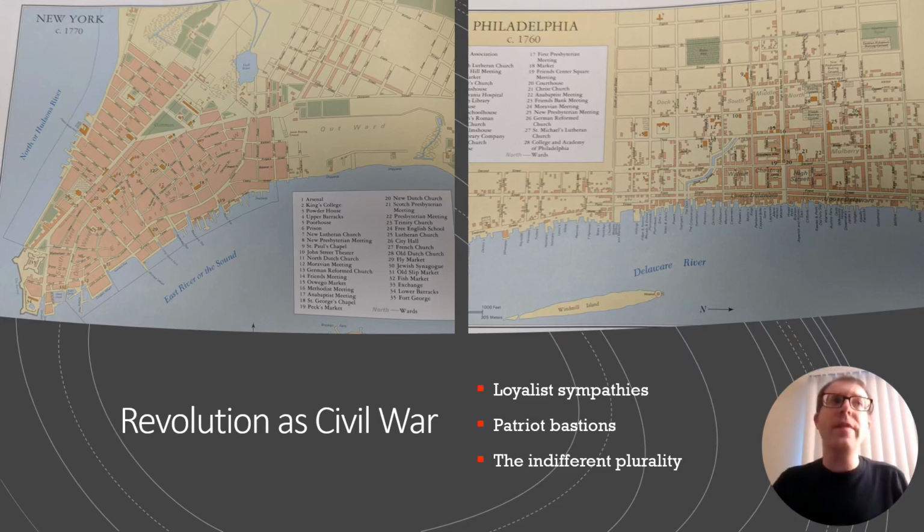And so lots of merchants and business people in northern cities are very often loyalist and very much support the British Empire. And so the British actually control New York City for most of the war.